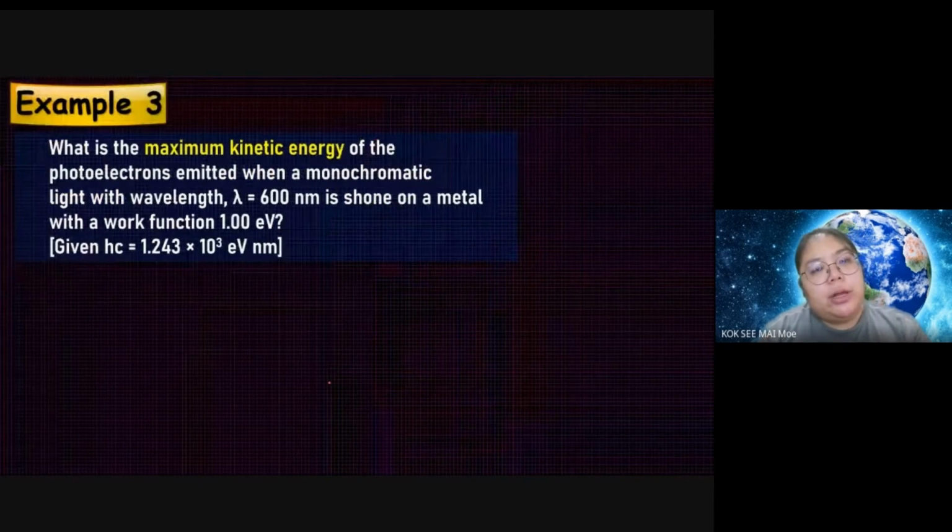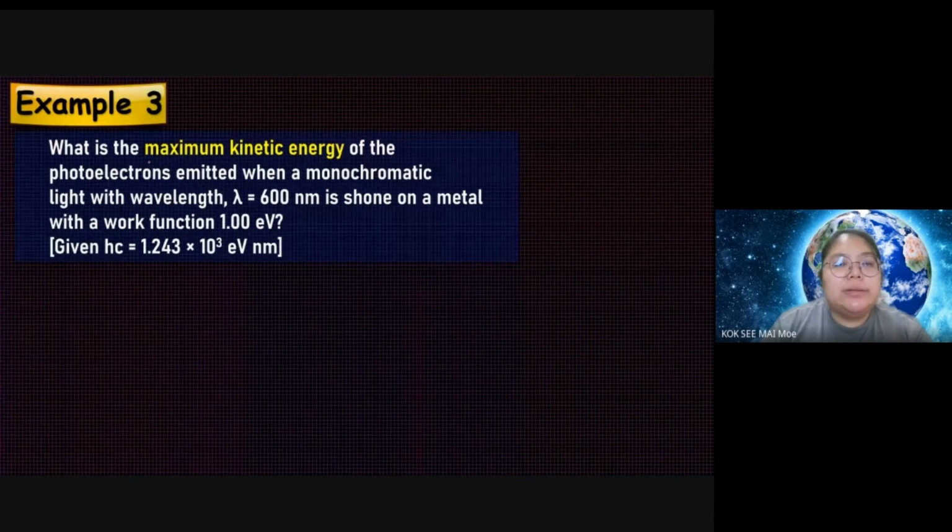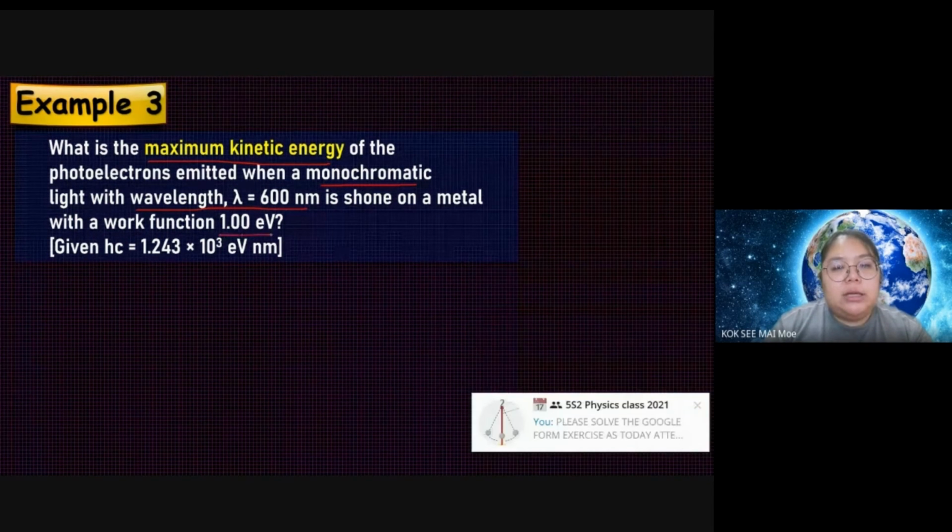Example 3. They want to find the maximum kinetic energy of the photoelectron emitted when the monochromatic light with the wavelength is shone on the metal with the work function 1 eV.